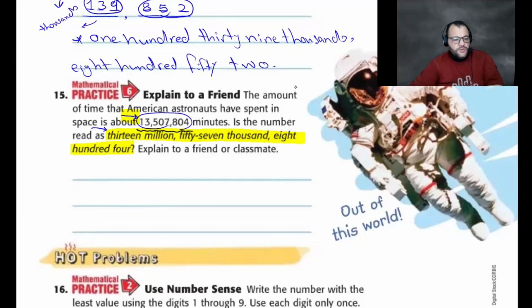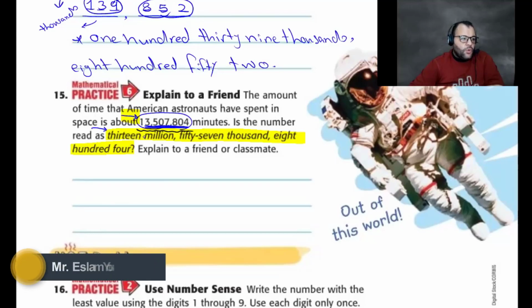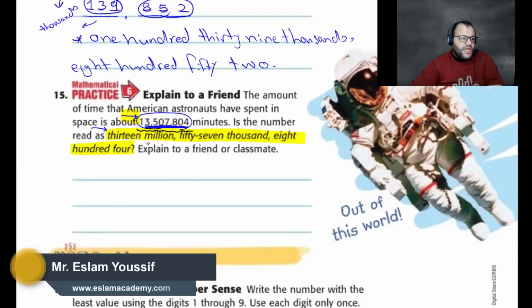You give me the answer or not? That is the answer or not? We have a number written in standard form. If you want to read it, will that be the word form, the yellow one?